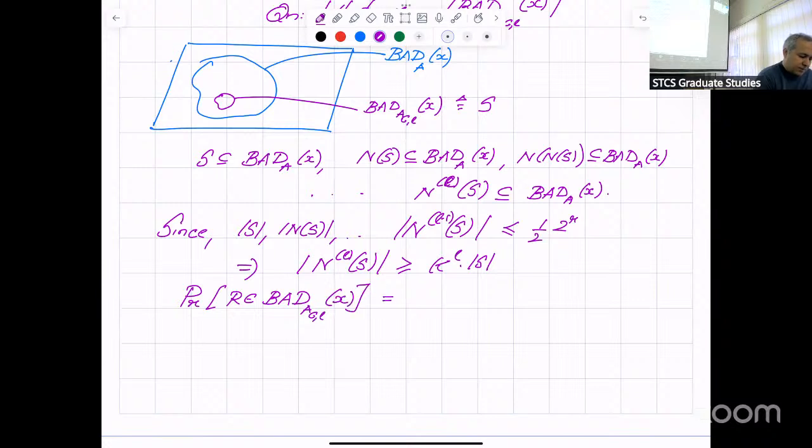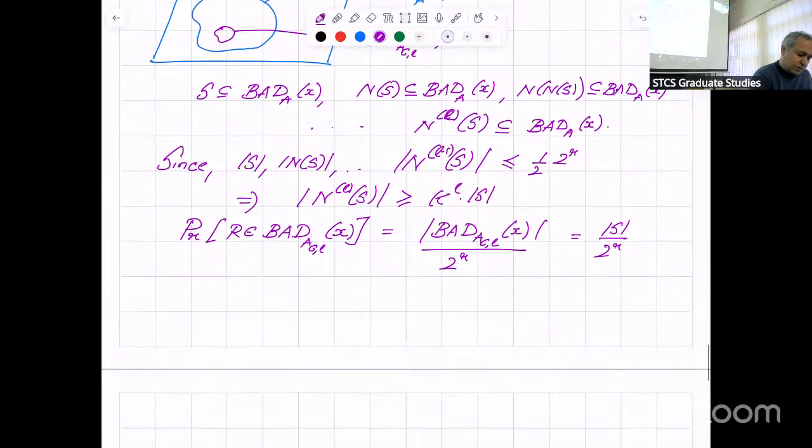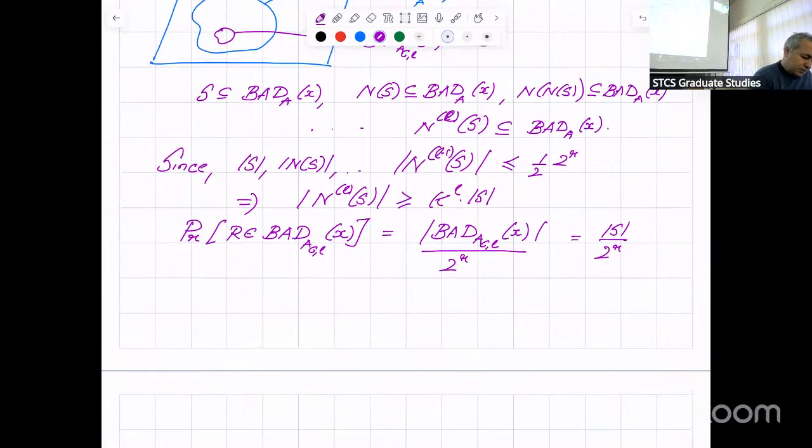This is exactly the size of bad AGL of X divided by 2 to the R, which is exactly the size of S divided by 2 to the R. But this is less than or equal to the size of N^L of S divided by kappa^L times 2 to the R, because of the previous inequality.